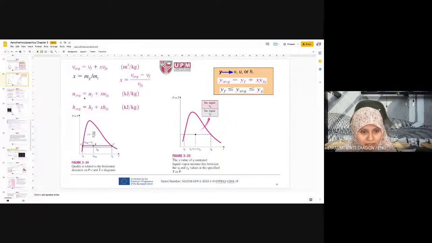VFG is the difference between VG minus VF, so you still have to use both values, 2.3593 and 0.001036. I want to write here.